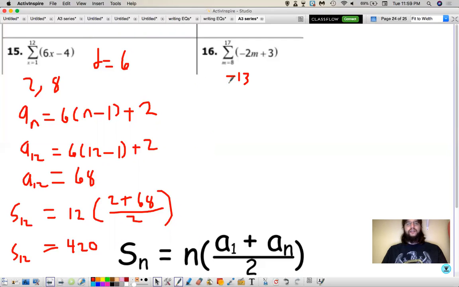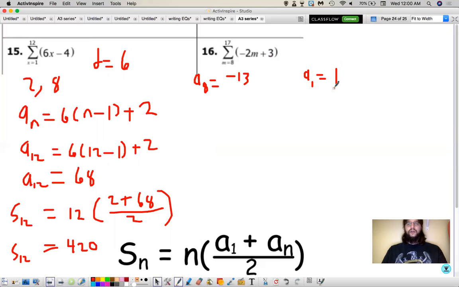So let's write this down. This is A8. A8 is -13. Okay, let's find out what A1 is, because this formula uses it somewhere here. A1: -2 plus 3 is 1.